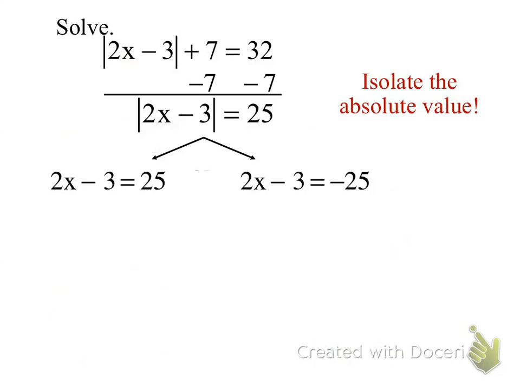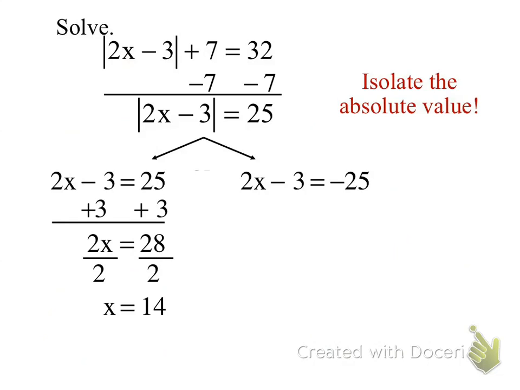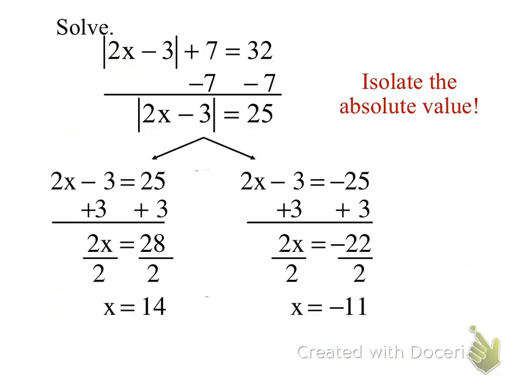I'm going to go through this part really quick. So then we add 3 to both sides, divide by 2, and we get 14. Yes? Could you isolate the absolute value part? Like always, before we do anything, we get our absolute value alone.